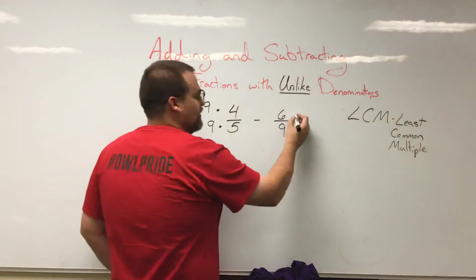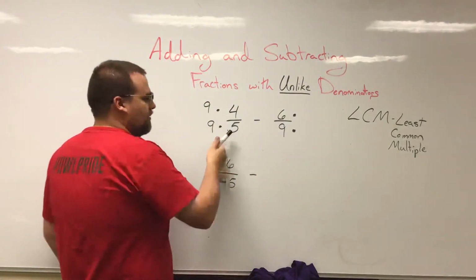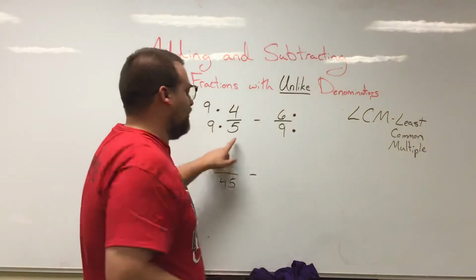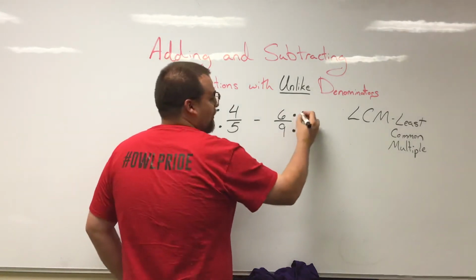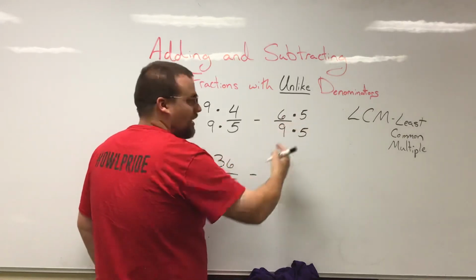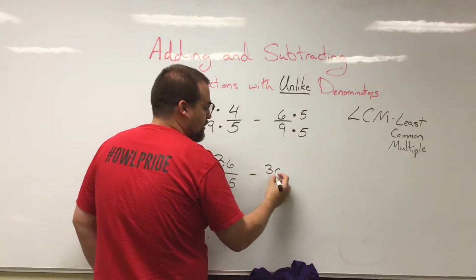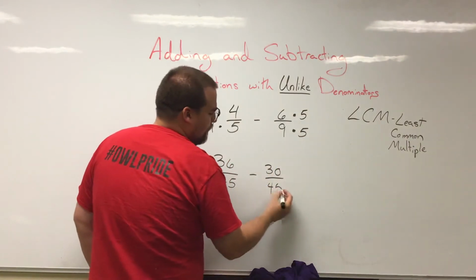Over here, think about what I might multiply this fraction by. Exactly, I'm going to multiply it by the denominator of the opposite fraction, 5. So 6 times 5 and 9 times 5. That's going to get me in the numerator 30, and in the denominator 45.